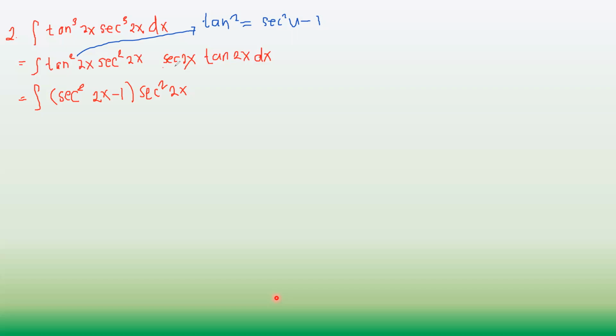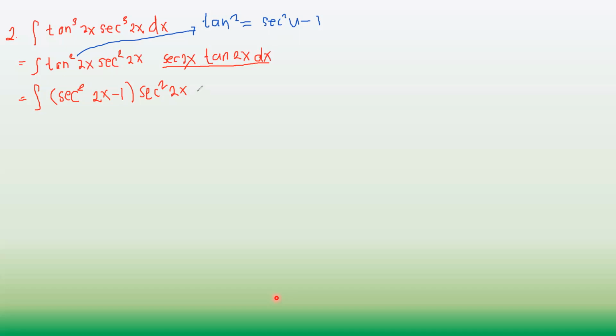Again, ito kasi yung pinukod mo, yan ang iyong pinaka-du. Ang secant tangent ay derivative ng secant. So, dapat yung naiwan, lahat ay maging secant. So, secant squared na to, okay na yan. Yung tangent squared, gagawin natin secant using this identity. Kaya nga siya ay pinalitan natin ng secant squared 2x minus 1.